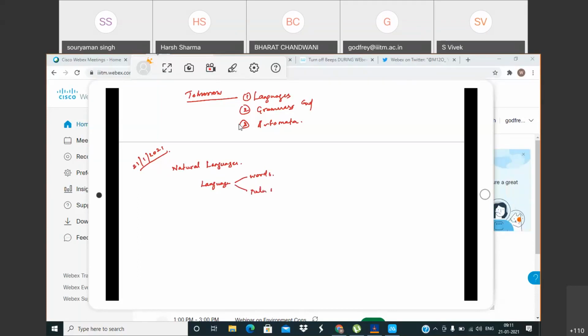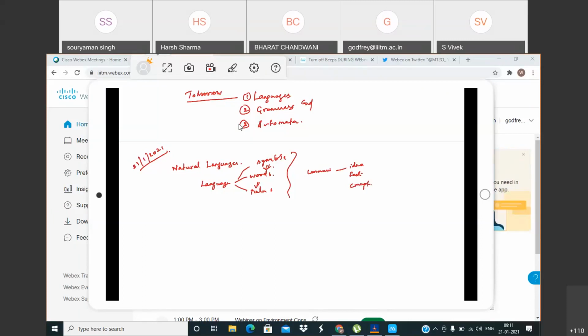Basically, you have some symbols, you have some words that are defined on those symbols. Then you have some rules that manipulate these words to present them in some order, so that finally they are able to communicate some ideas or facts or concepts and so on.